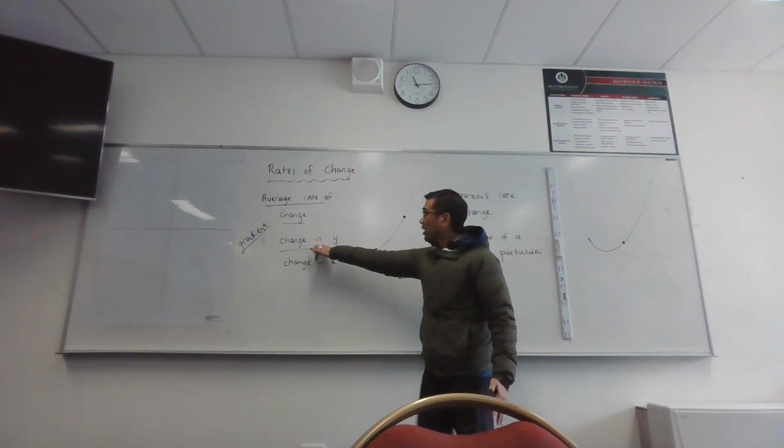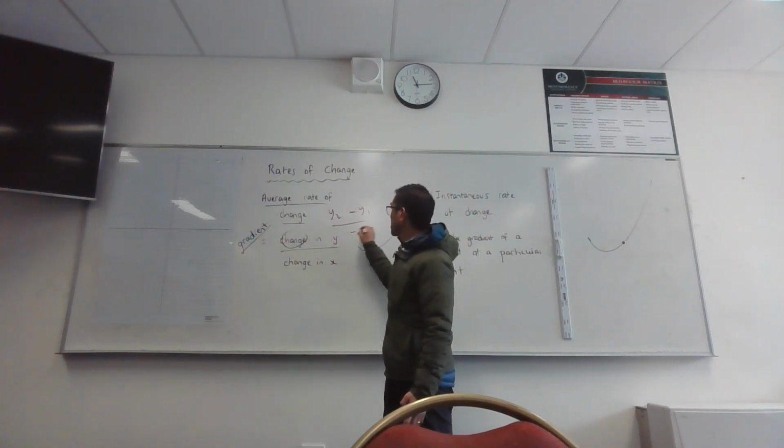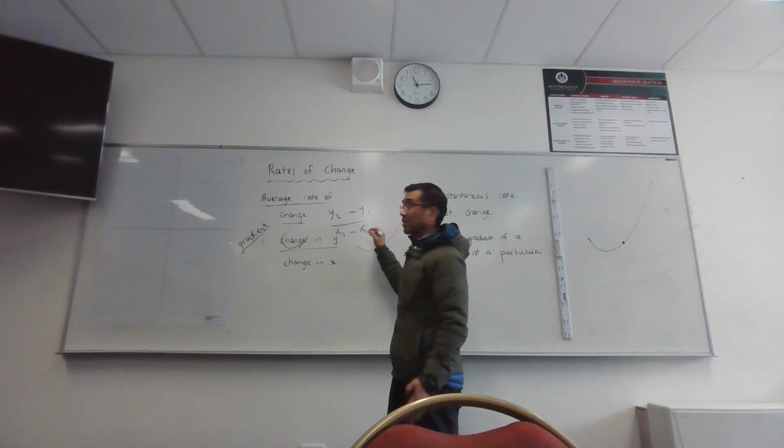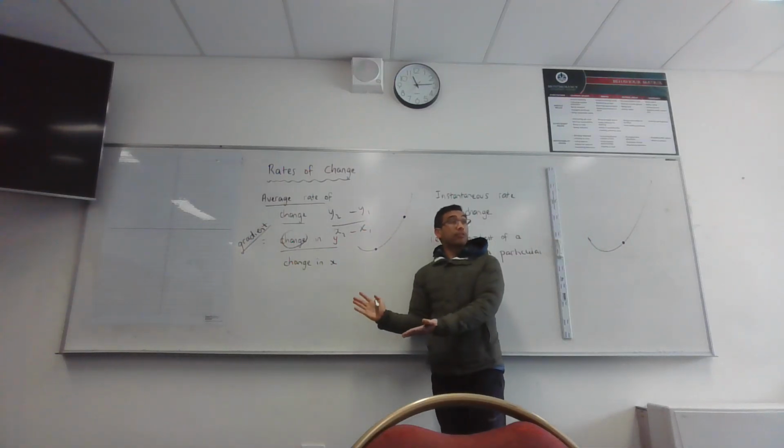So change in y, remember, it's a subtraction of y2 and y1 and a subtraction between x2 and x1. That's all it is. Now, what does that look like graphically?